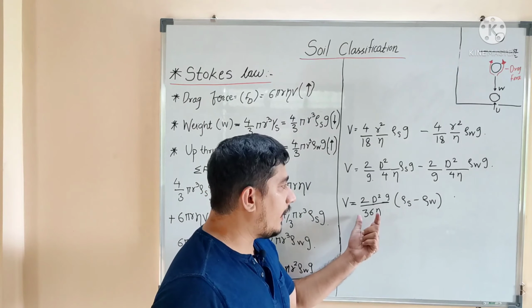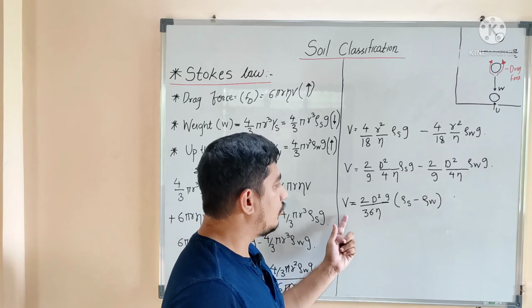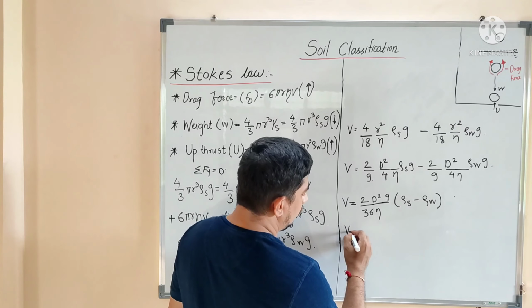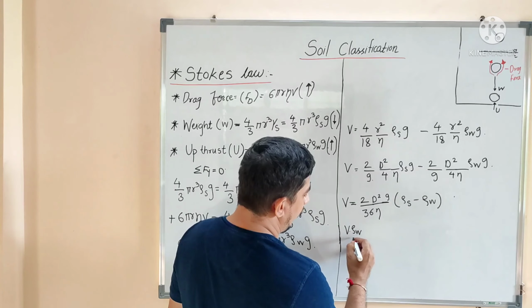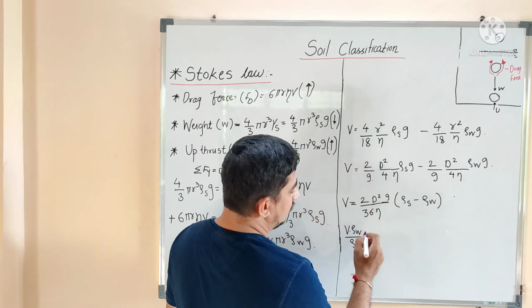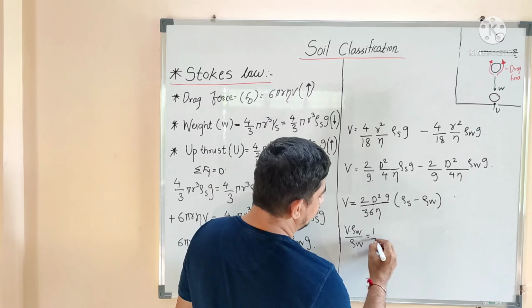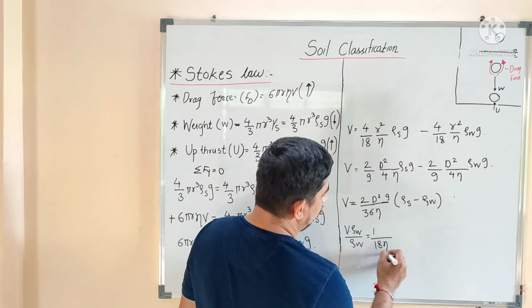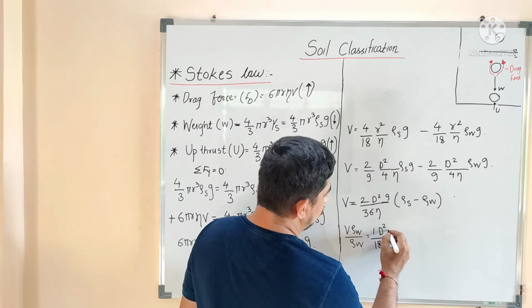Now multiplying and dividing on both sides by rho w. So V into rho w divided by rho w, 2 by 36, it is 1 by 18, 1 by 18 into eta into d square into g.